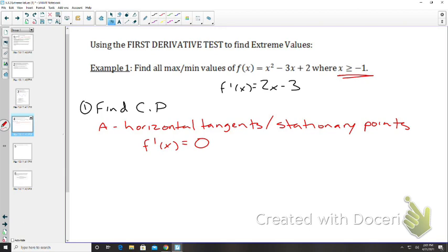So 2x minus 3 is equal to 0, plus 3, divided by 2. x is equal to 3 over 2. Okay, so let's just hang on to that for a little bit. So we know we have a horizontal tangent or a stationary point at x is equal to 3 over 2.